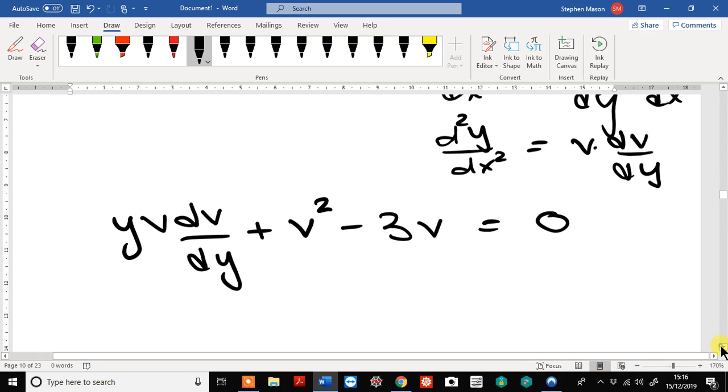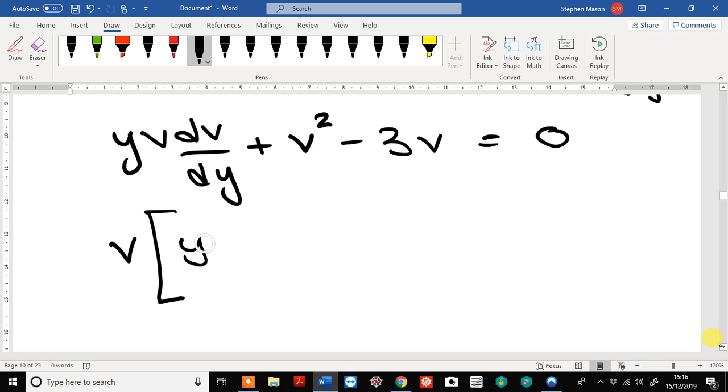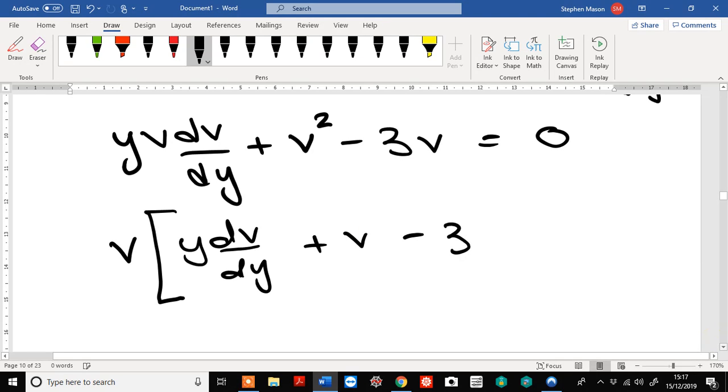Right, okay, well, this is now much more simplified, and we can take out a v. We can factorise out a v so that we have v times, in big brackets, y dv by dy plus v minus 3 equal to 0.